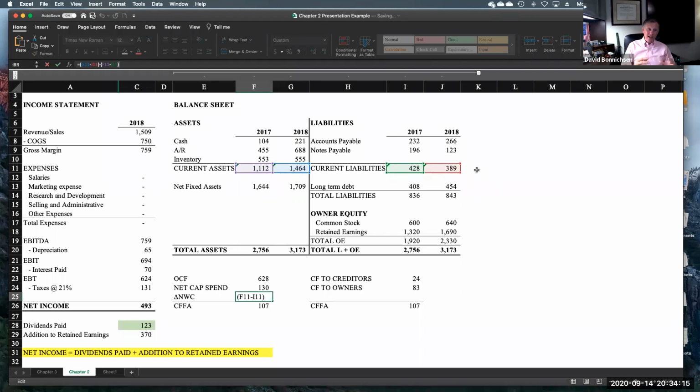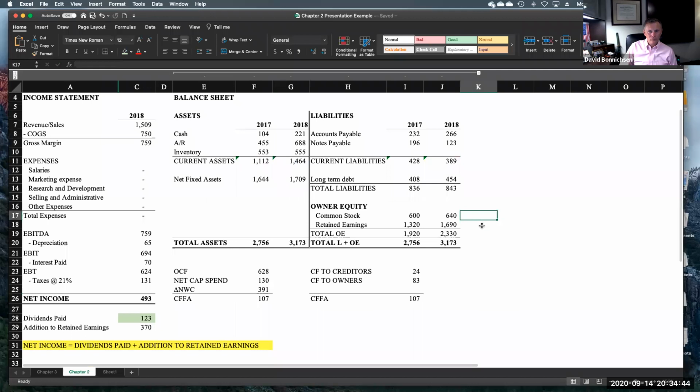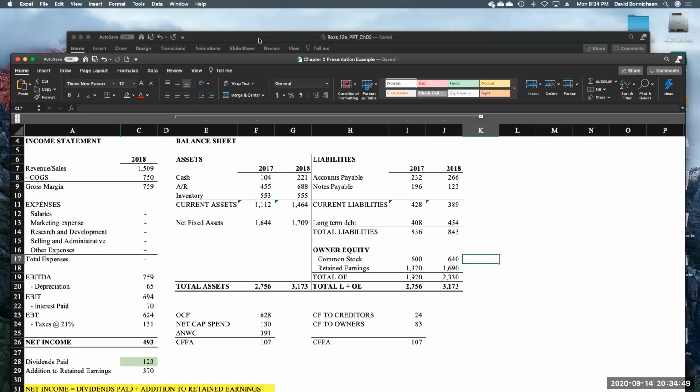Therefore, the change in net working capital is net working capital for 2018 minus the net working capital for 2017. Okay, I got it now. Like I said earlier, if you're going to make a mistake, it's going to be on that one, because you're taking the change of the change, the delta of the delta. Okay. Got it. Thank you. You're welcome.